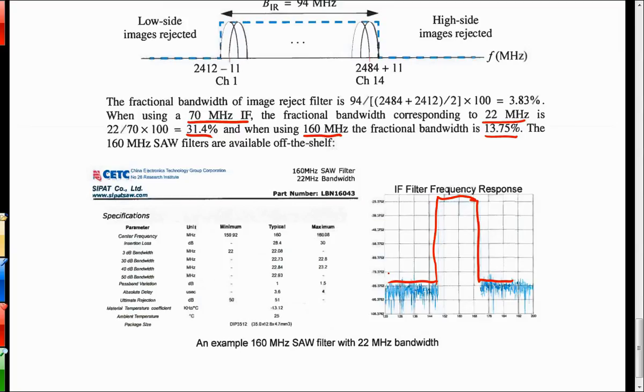And I had to think about this for a while and say, why did they make this 22 megahertz filter? Was it for a Wi-Fi application? Probably not, because most Wi-Fi receivers get by with other cheaper solutions. But then I thought maybe there's another application, and then it occurred to me that GPS would use 22 megahertz as well for the wideband secure part of GPS, because the chipping rate is 10.23 megachips per second, whereas the commercial one is 1.023 megachips per second.